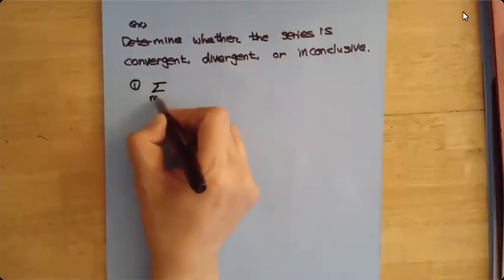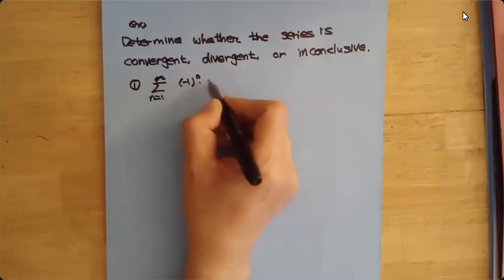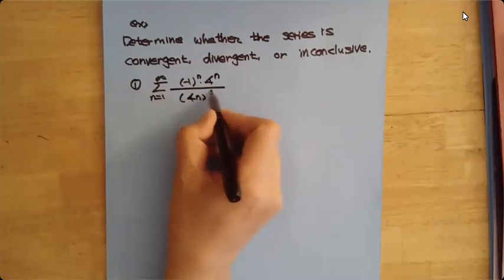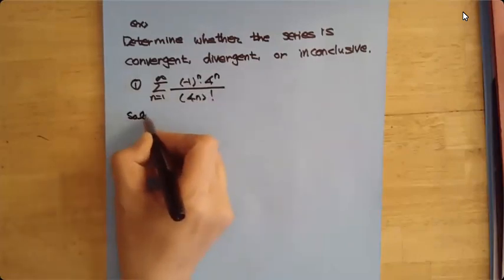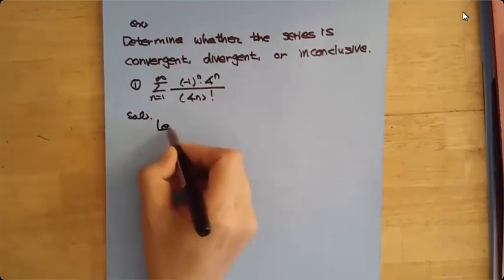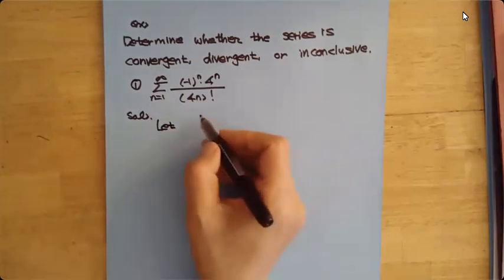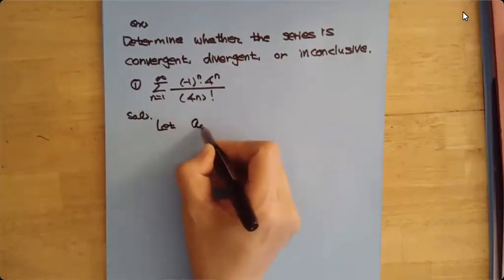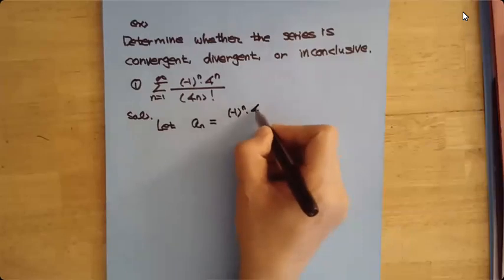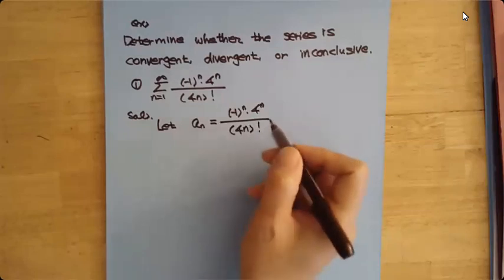The first problem is the summation n equals 1 to infinity of (-1)^n times 4^n over (4n) factorial. The defining sequence is a_n equals (-1)^n times 4^n over (4n) factorial.